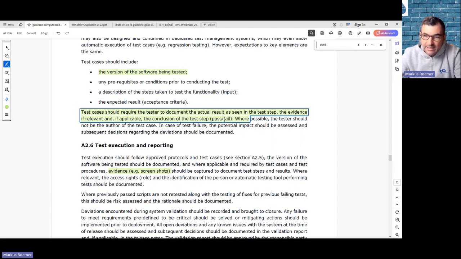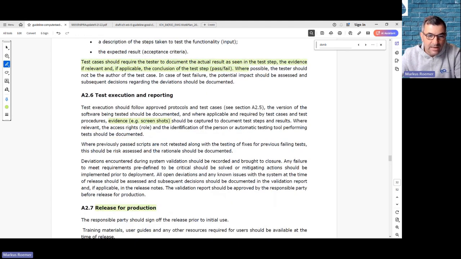Very important, clearly indicate, not okay or yes, no, blah, blah, blah. Do it: pass, fail. That's what ISPE GAMP 5 second edition is defining. Evidence by screenshots. I do not see a better way than doing screenshots. A cool tool for that is HardCopy, for example.